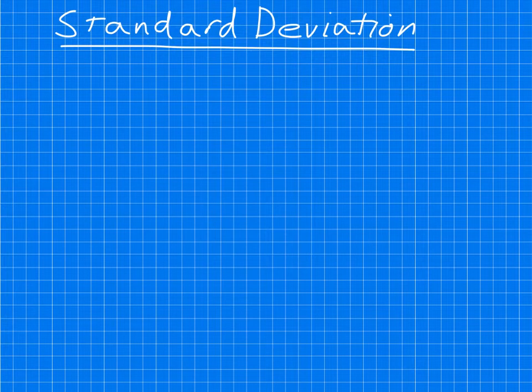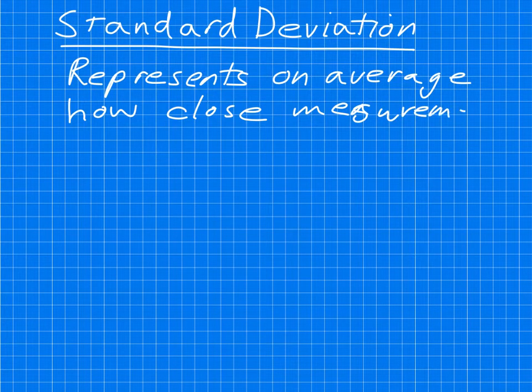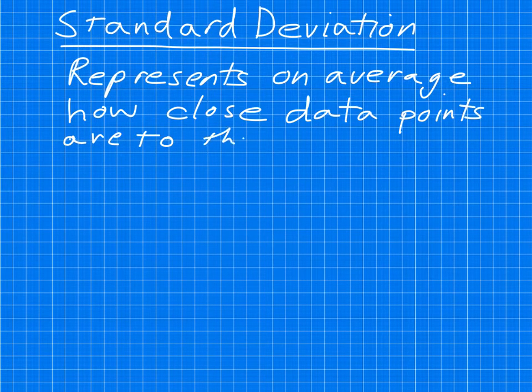How I like to describe it is standard deviation represents, on average, how close measurements, how close data points are to the mean or average of a set of data.